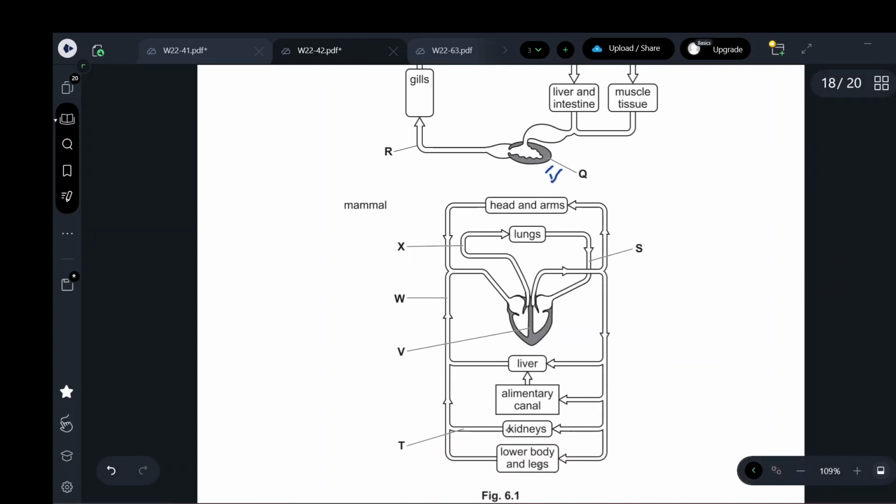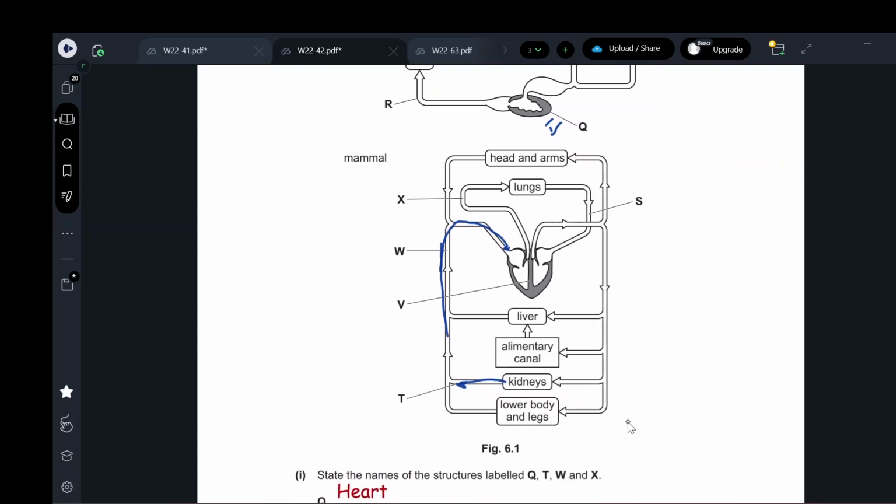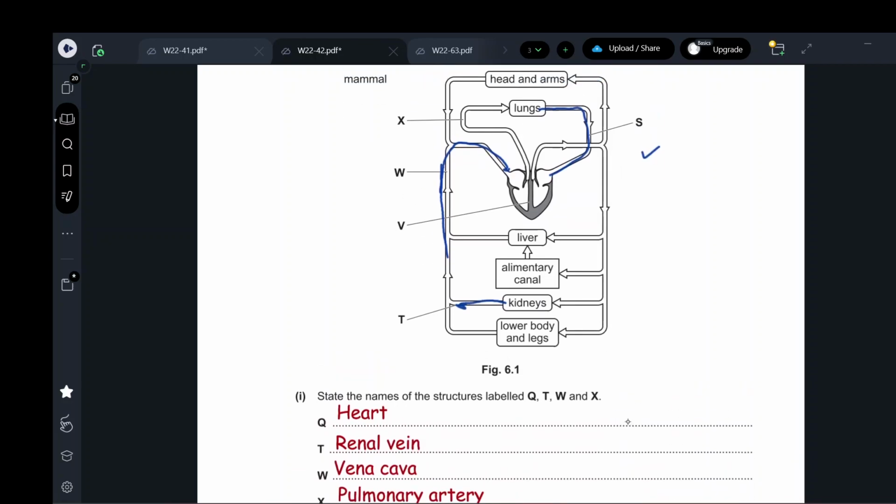T, out of the kidney, then this is the renal vein. W, it is going back to the heart from the right atrium, then this is the vena cava. S, from the lungs to the left atrium, this is the pulmonary vein.